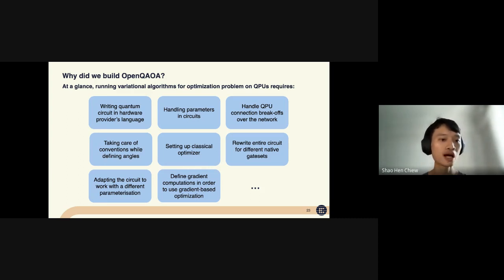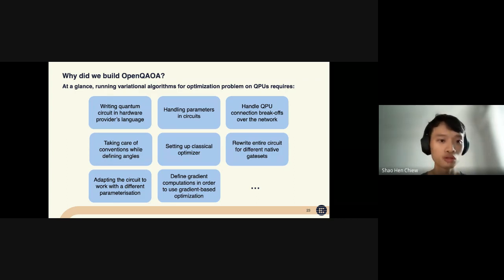Firstly, you need to learn how to write quantum circuits in a particular hardware provider's language. For example, if I wanted to run my experiments on IBM's quantum computers, I would need to first learn Qiskit. If I wanted to run my circuit on one of Rigetti's quantum computers, I would need to learn pyQuil.